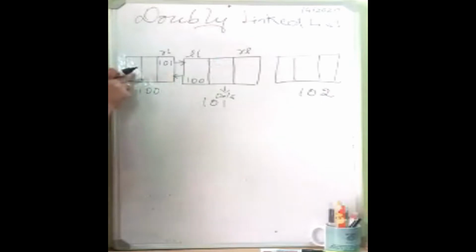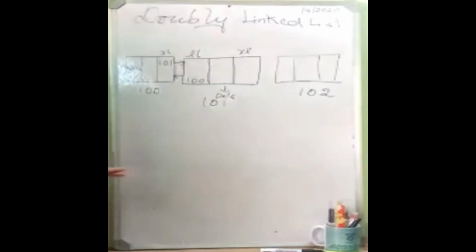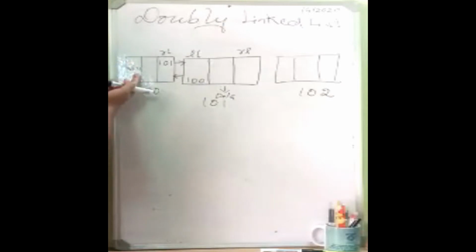For this first node, I don't have any left node, so we store null here. When you store a null value in any field, it indicates that there is no node before or after. If the left link has a null value, there is no node before this.